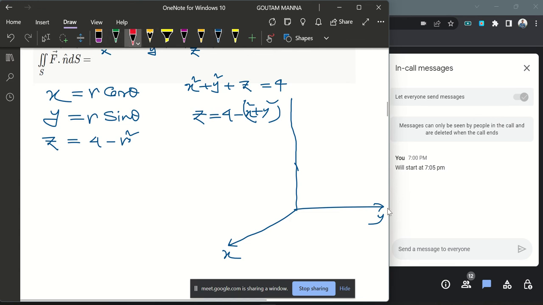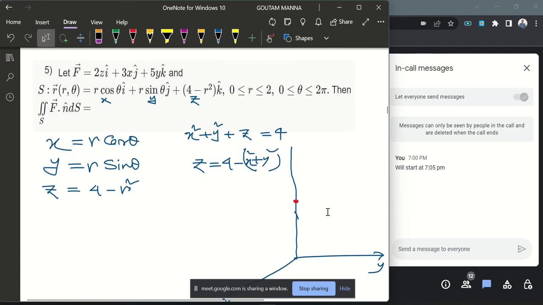So to draw this surface, let's say this is 4. z equals 4 minus r square. So if you do x square plus y square, you will get r square cos square theta plus r square sin square theta. That means this is r square, and if you put plus z, then it will be plus 4 minus r square.